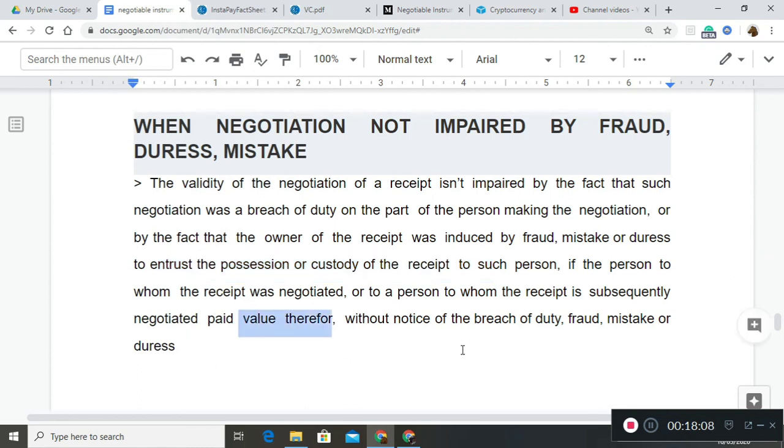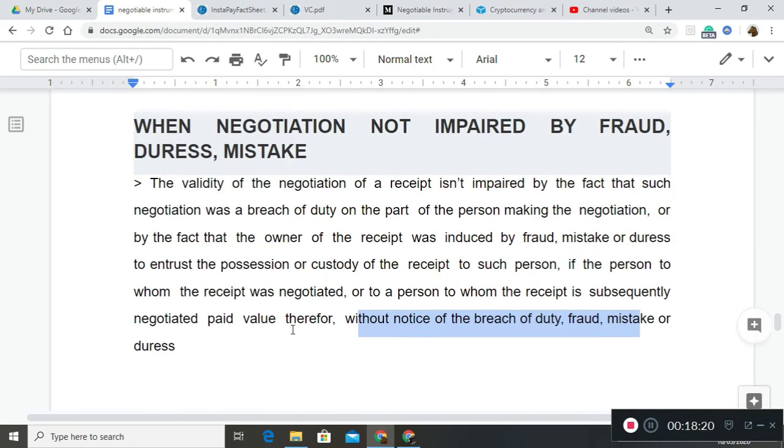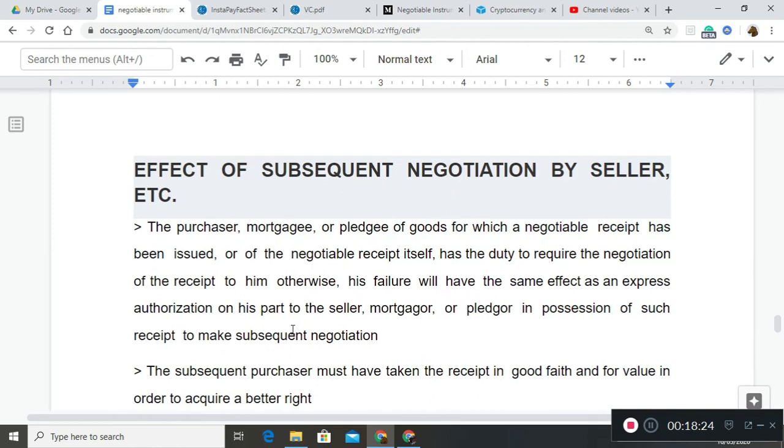So he paid value, so a holder for value, without notice of breach of duty, fraud, mistake, or duress. So similar to a holder in due course.